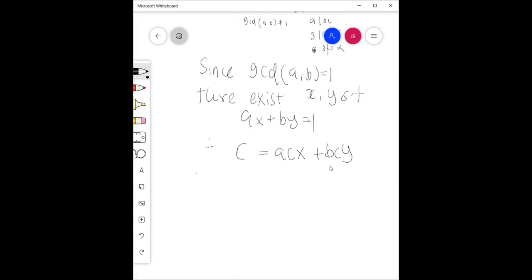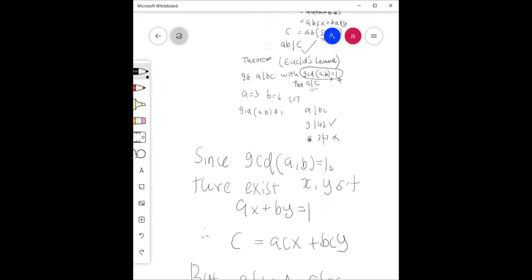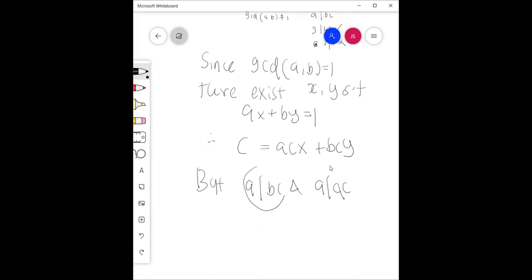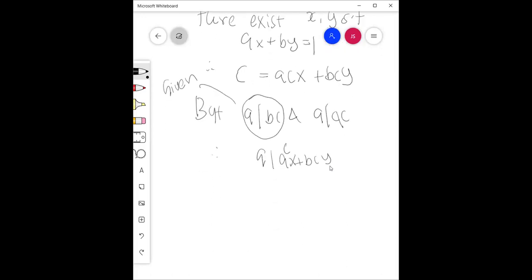But we know that A divides BC and A divides AC. Why does A divide BC? Because of the condition of the theorem given, right? Because of that, A divides ACX plus BCY. But ACX plus BCY is equal to C, therefore A divides C. The proof is complete.